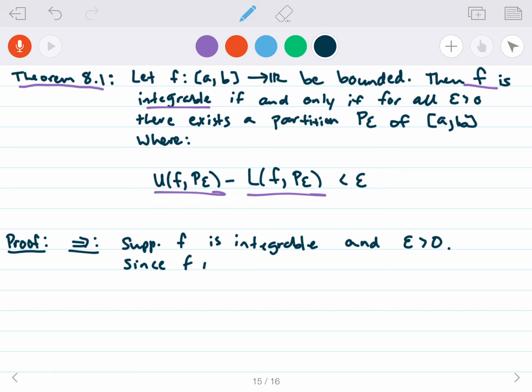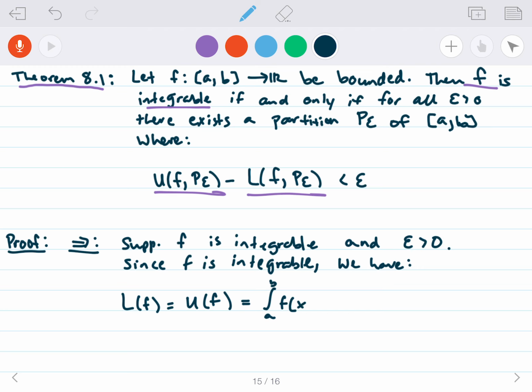Since f is integrable, we have lower integral equals upper integral equals this guy. Okay, and so what do these two things mean?